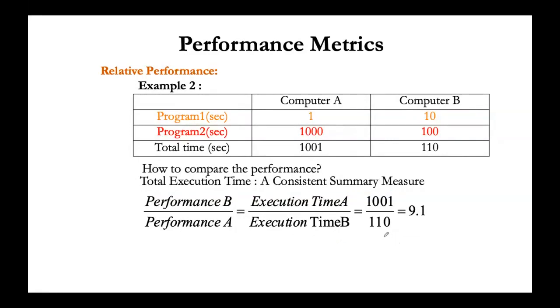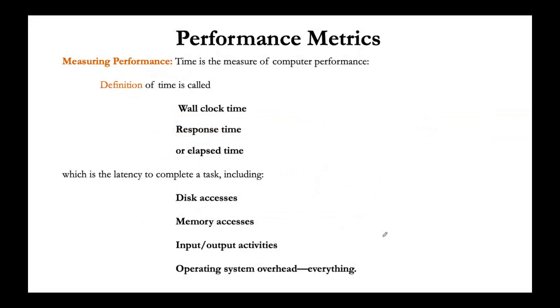The relative performance of your A and B. So as we are saying, for measuring the performance and the performance metric, the time is the measure of your computer performance.